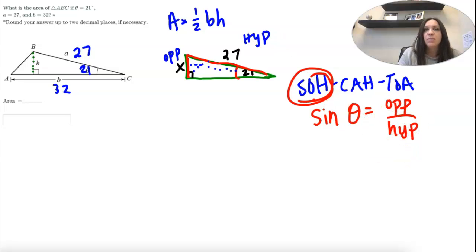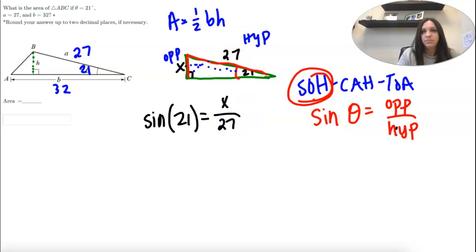Okay, so let's set up our equation. Sine of theta, theta's the angle, that's 21, equals opposite x over hypotenuse, 27. So now we're going to solve for x. So to get rid of a fraction, you always multiply by the denominator.